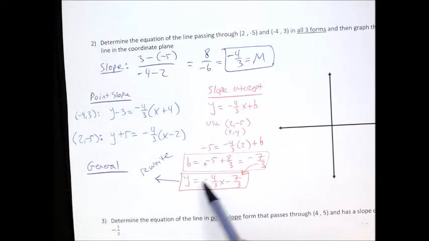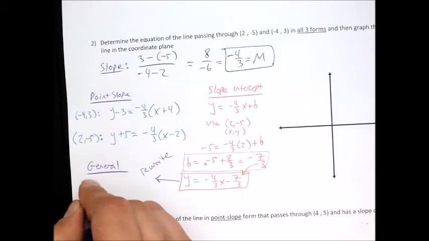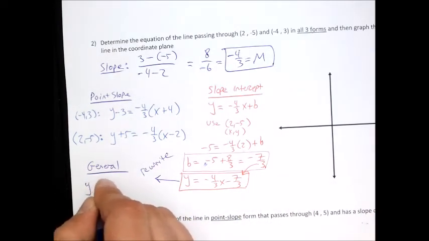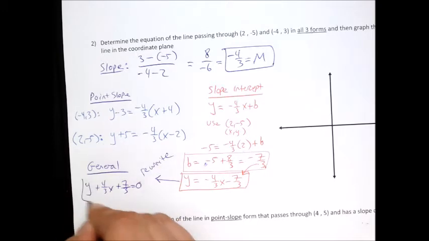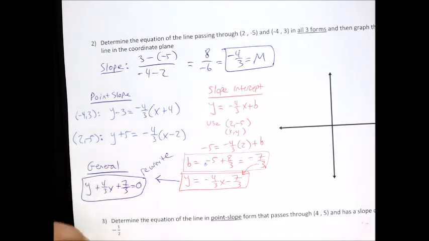I'm just going to add the 4/3 x and add the 7/3 over, and we'll get y plus 4/3 x plus 7/3 equals 0. And that's the general form. And so that's how you find any of the three equations.